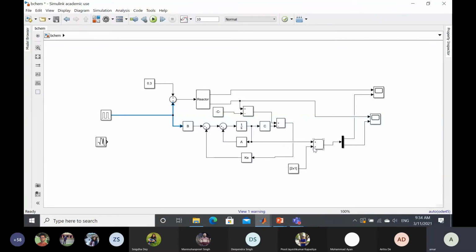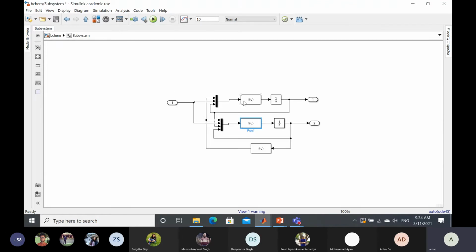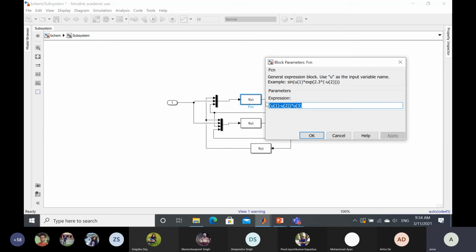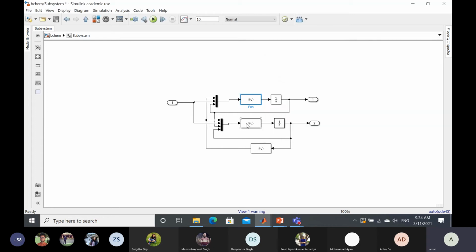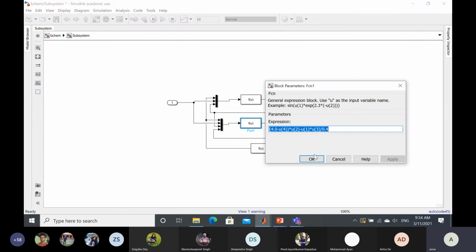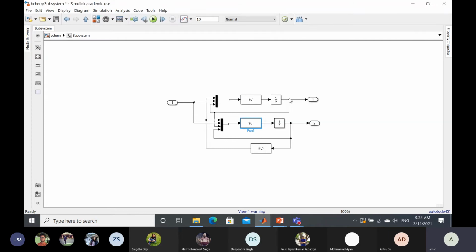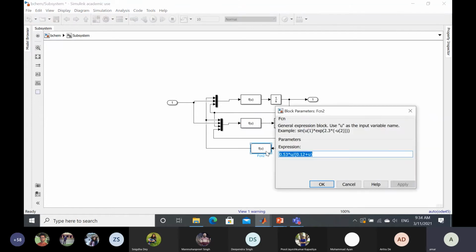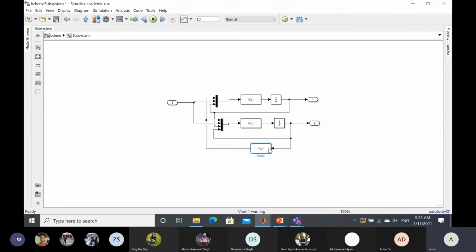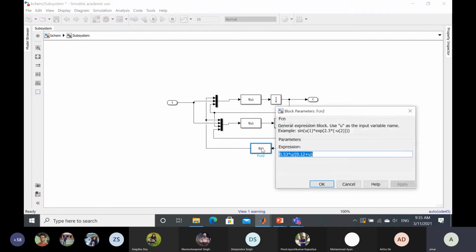So this one is the reactor. This is the derivative term I have written over here. Then I am integrating to get the CB and the CS. This expression I am using for calculating mu.